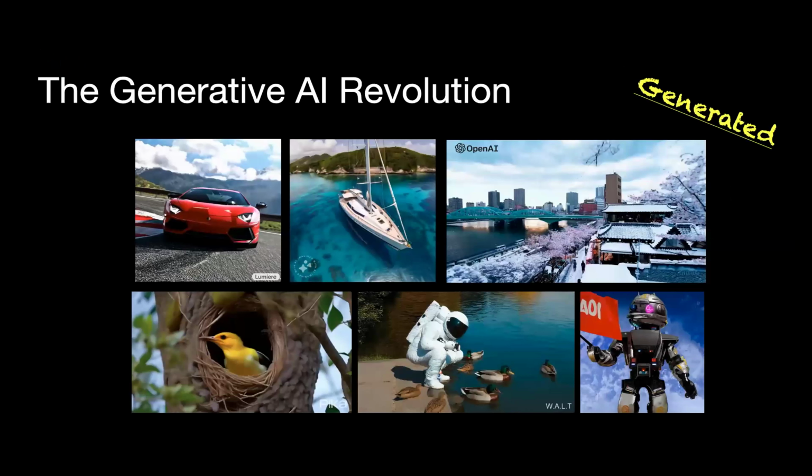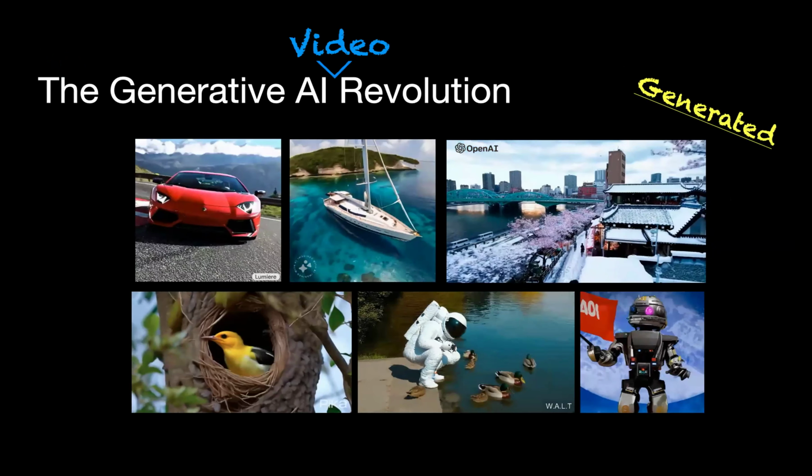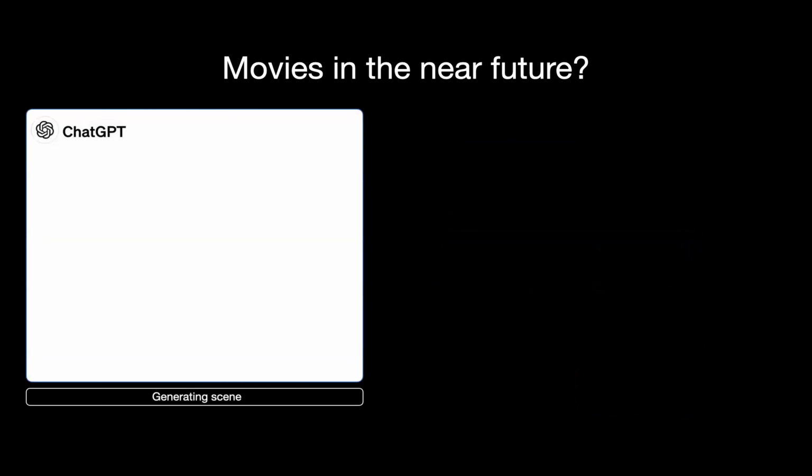The generative AI revolution has recently expanded to videos. We can now not only generate mind-blowing images, but we can make everything move. All these videos are AI generated. Given this exciting progress, we can start to envision how film production may look in the near future. Maybe we'll be able to produce films completely computationally using simple text prompts.